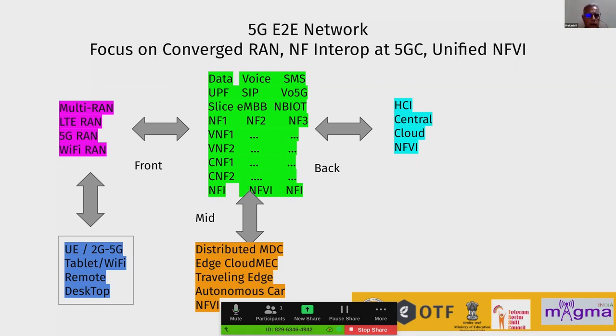Then this interface talks to the core. When it talks to the core, which in this case could be a 4G core or a 5G core, it looks at what service the UE is trying to consume. If the UE is trying to consume a data service, a voice service, or an SMS service, it has to go through some functions.